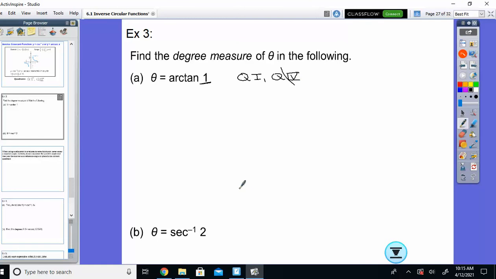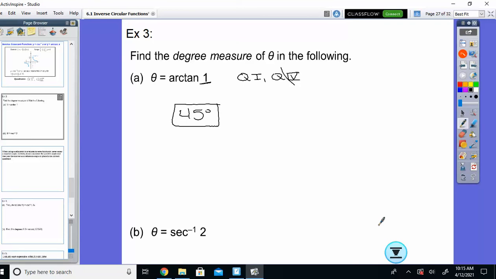So I'm just asking myself, in quadrant 1, when does tangent equal 1? 45 degrees. That's all I have to do. If you've got your unit circle filled out, you just look in your quadrant and find the appropriate angle.